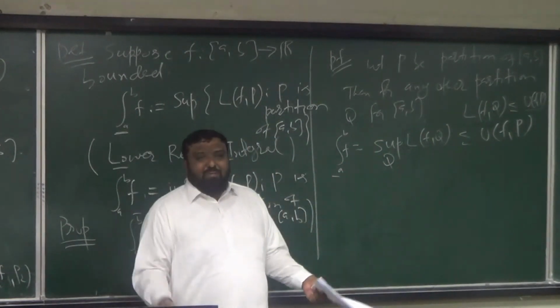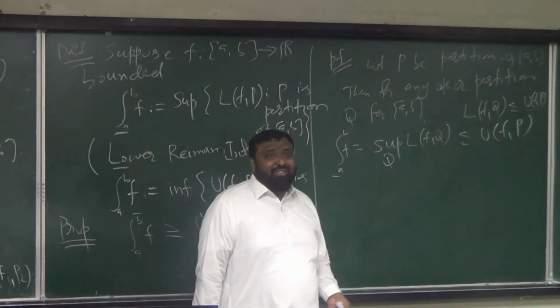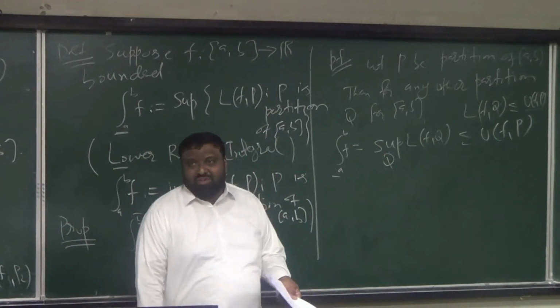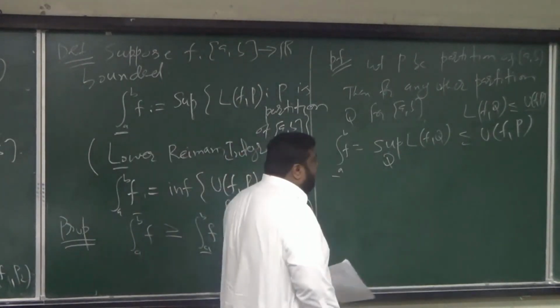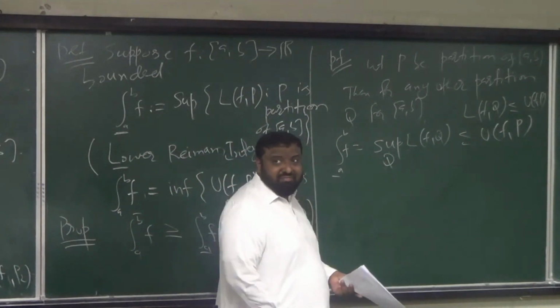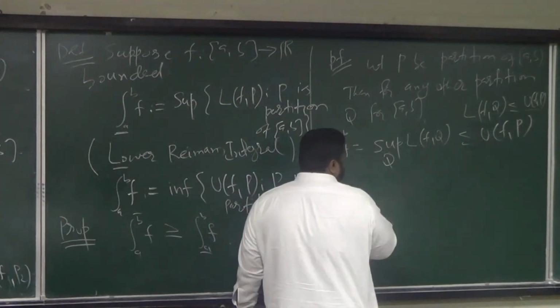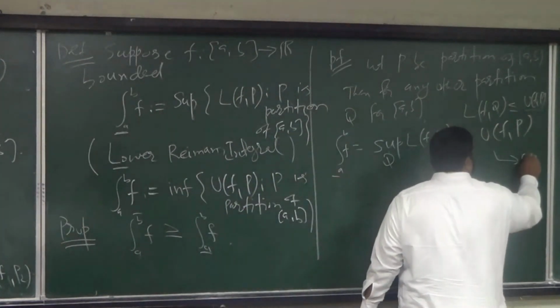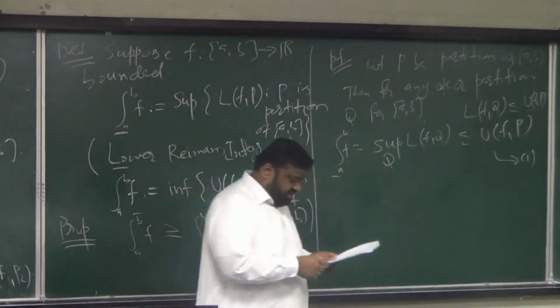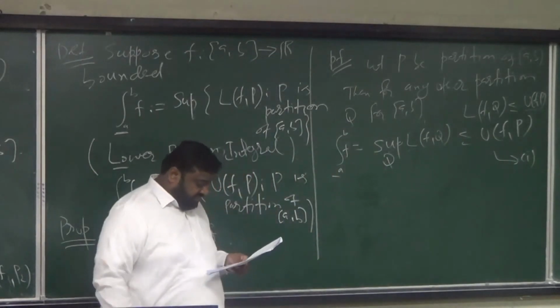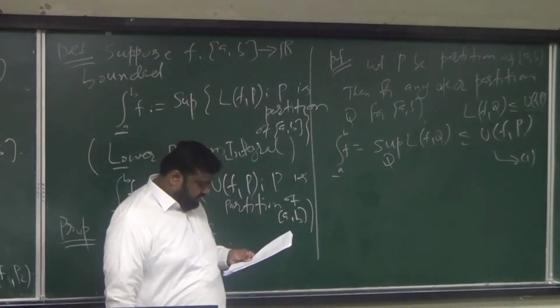So if there is another upper bound, it should be smaller than or equal to your least upper bound. It's just a simple application of the definition actually. Okay? It's nothing. Call this equation number one.